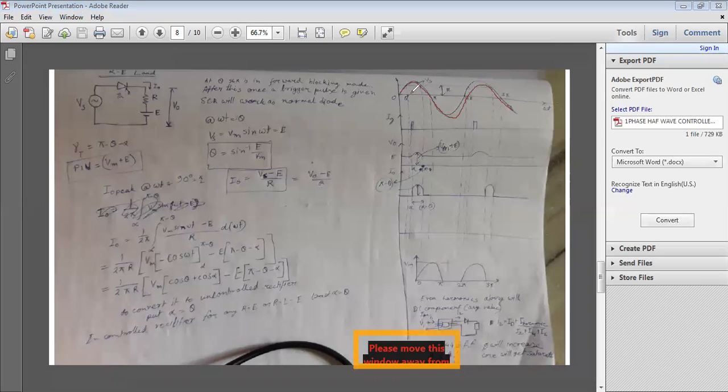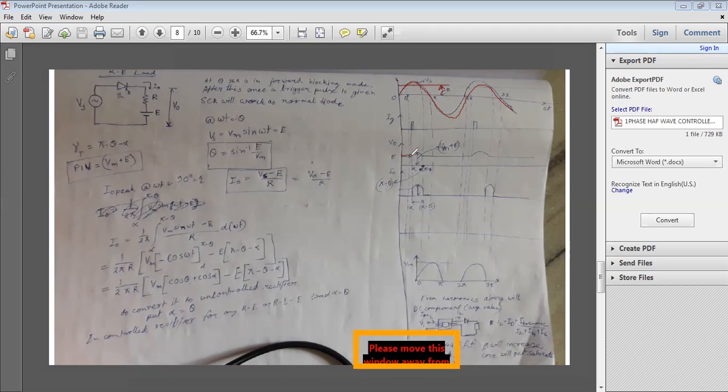This is the sinusoidal source voltage Vs, and at alpha the thyristor is triggered, and the battery voltage is E. This is the E voltage, and so the output voltage you can get E at t equal to 0.